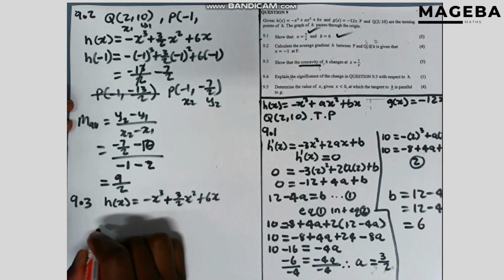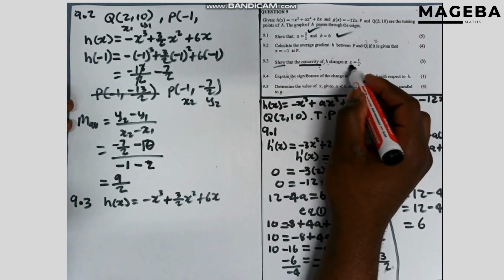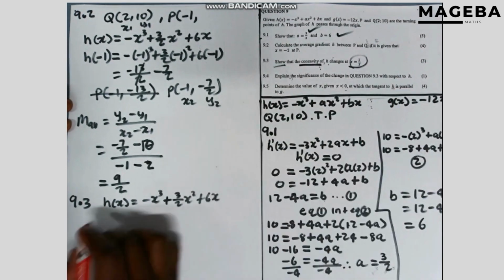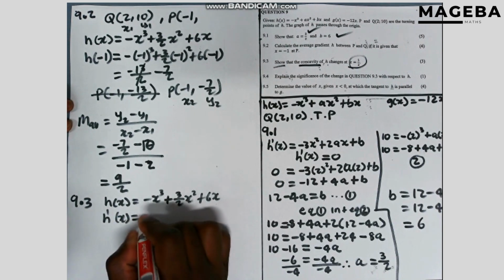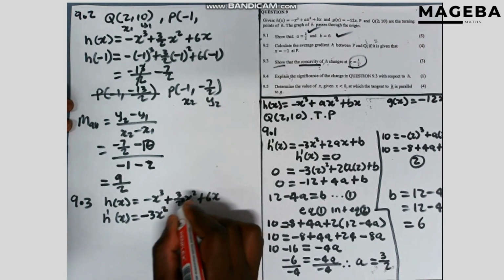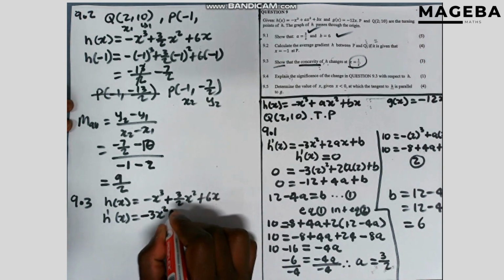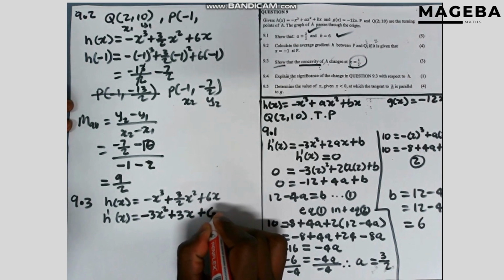Now they want us to show that the concavity of h changes at this point. So you need to find the first derivative. It's just going to be negative 3x squared, and then this times this is just going to be plus 3x, and then plus 6.